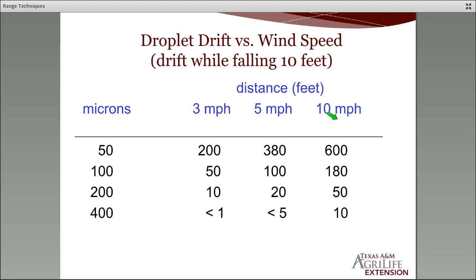With a 10-mile-an-hour wind, even with a very big droplet, we can still move 10 feet. Keep in mind, in Texas, when we're trying to spray, we often have a tough time finding days where the wind is less than 10 miles an hour.